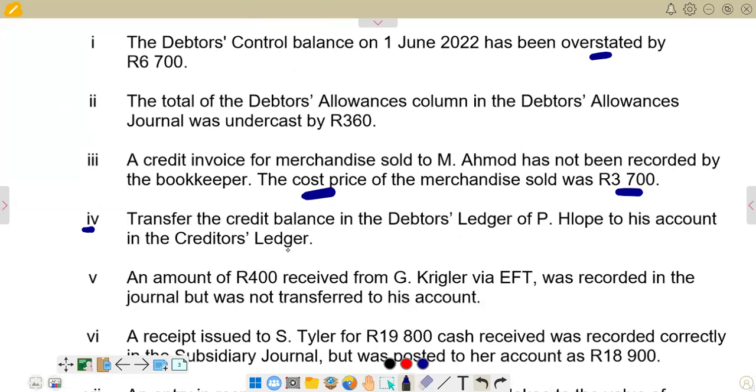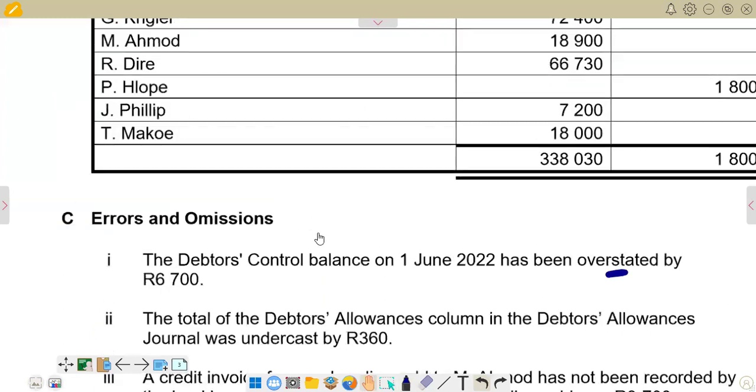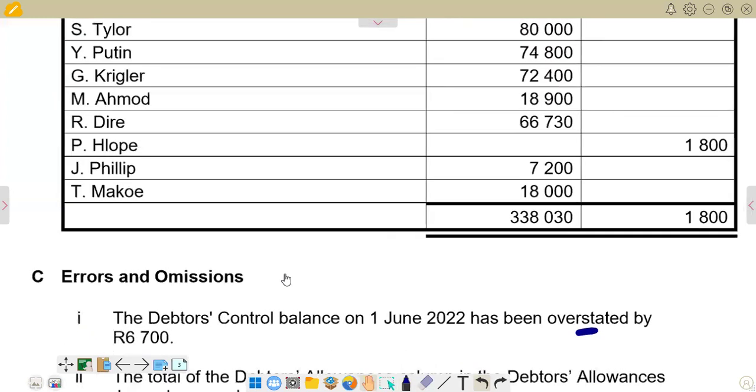So we go to the list of balances and check that amount. We are here now on the debtors list. We have got Peace Corporate, which is 1,800, which is on the credit side. So we are supposed to transfer it. So we are supposed to remove it in this list of balances of debtors. Remember, these are debtors, and put it in the list of balances of creditors.